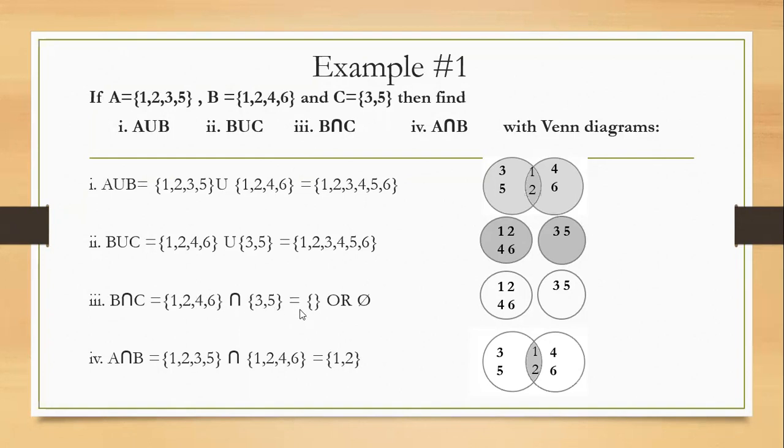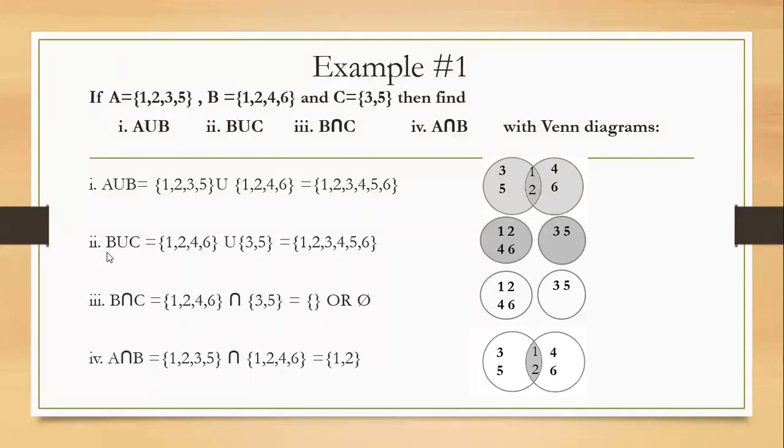That means the answer is a null set. Null set means a set without an element. That means nothing will be shaded. What is the difference between questions 2 and 3? Here you have to shade the whole Venn diagram, and here you are not allowed to shade any part.